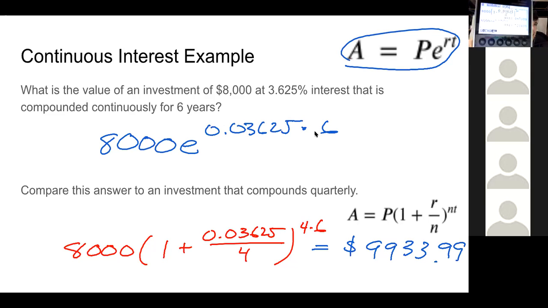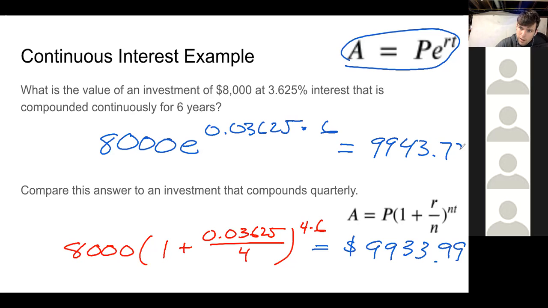So doing my calculation with e with that formula, I got $9,943. The difference is minimal, but $10 over 6 years. So the difference between compounding continuously and quarterly is not substantial, but there is a difference, right?